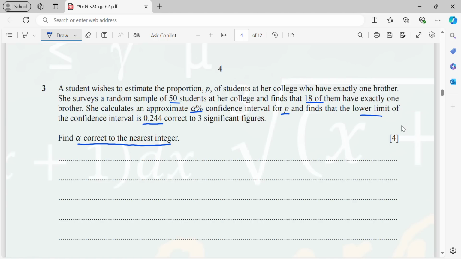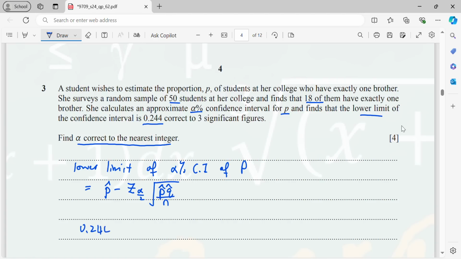Okay, so now basically the lower limit of the alpha percent confidence interval of P, that is P hat minus Z alpha over 2 times square root of P hat Q hat over N. Okay, so now it's given 0.244.